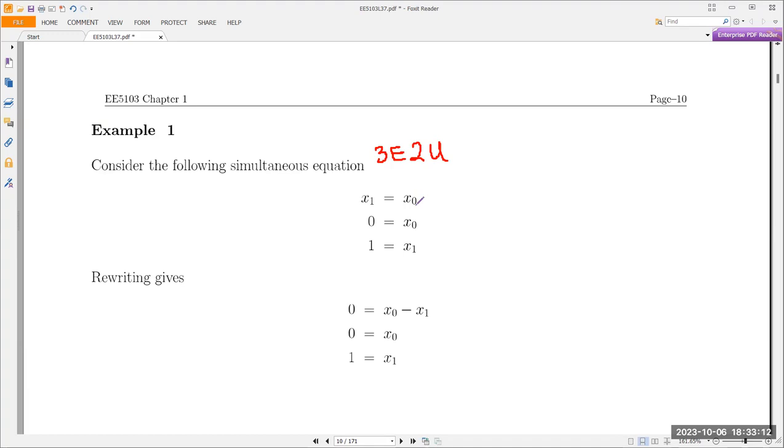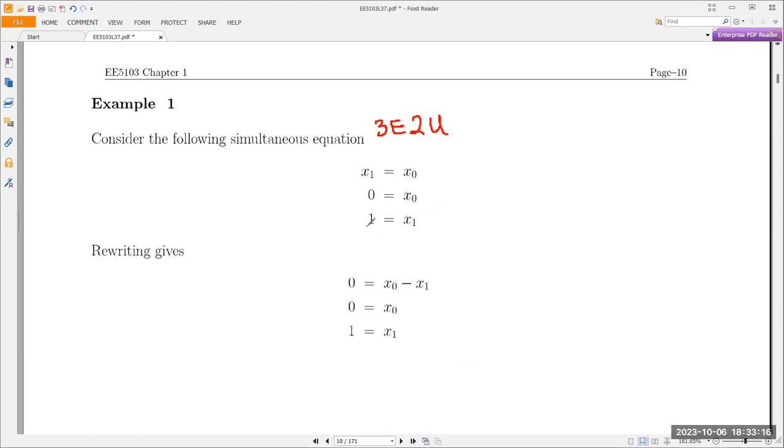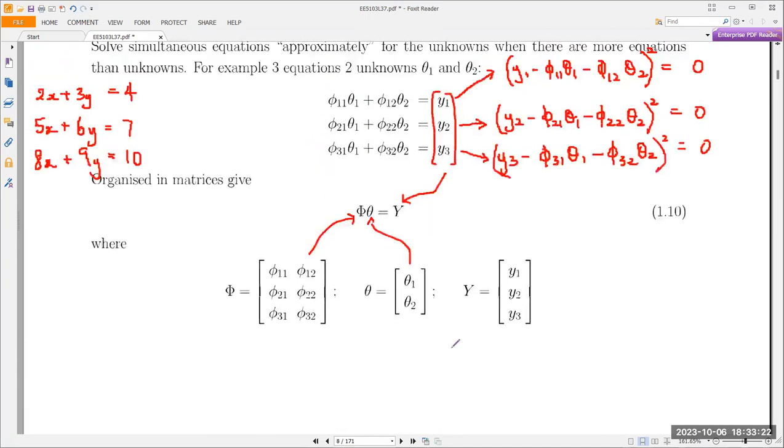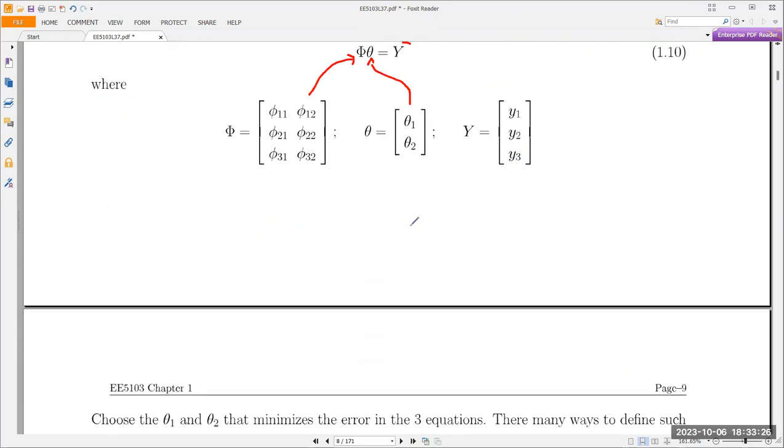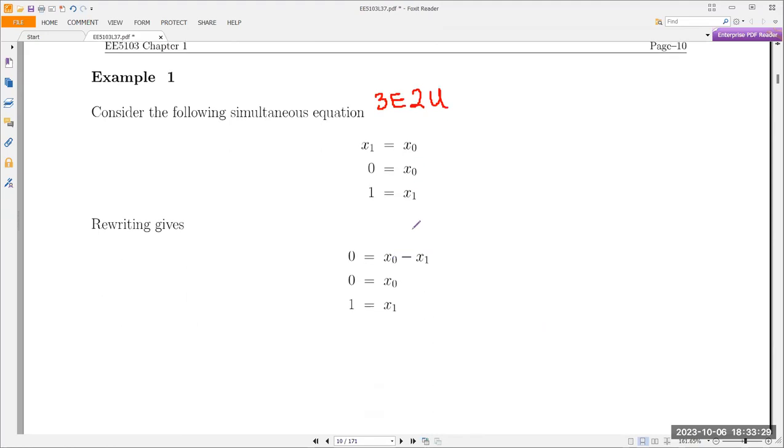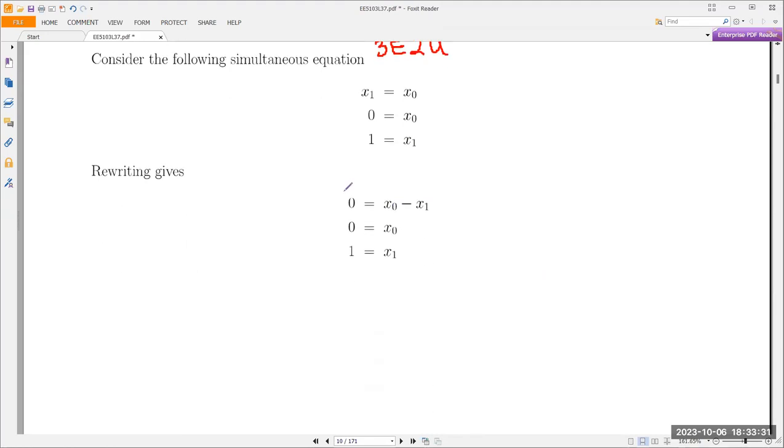You just rewrite the three equations like that. It's simple, you just put left, put right, and write like that. Then you compare the pattern. Oh, this is y, this is y. So you compare, and you say, this is y.